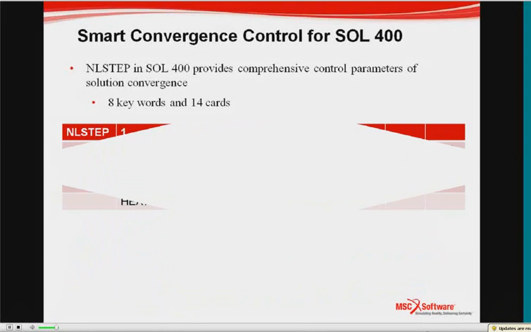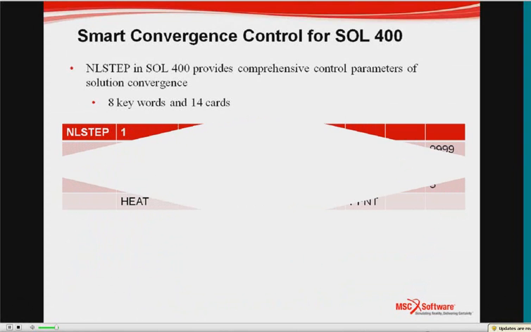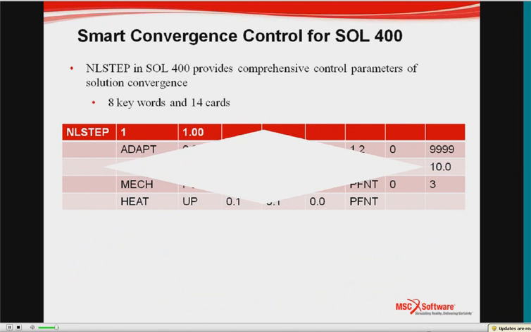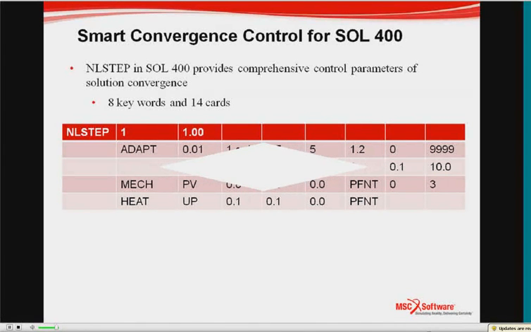With the new keyword CTRLDEF, what the user can do is just select the value for this keyword and also decide if they will use a fixed time step or adaptive time step.